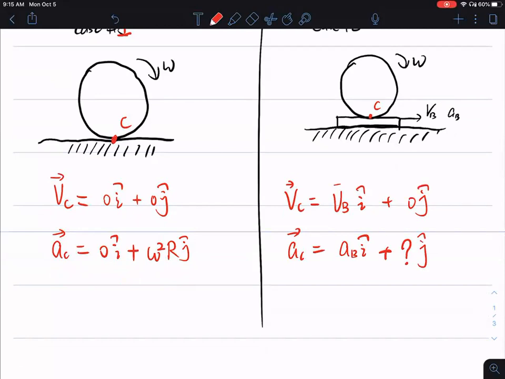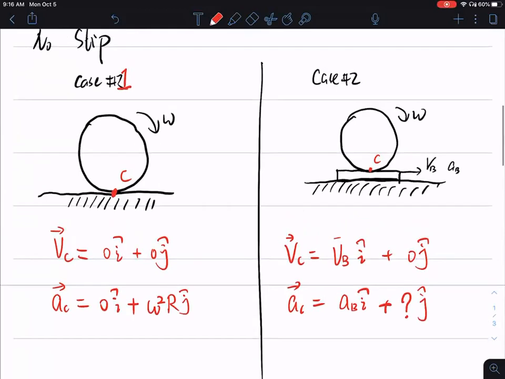That's something you may need to find out. You can solve it by listing a system of equations, but no one knows what that is. We only know that it equals AB, and only under the condition that you know what AB is, or the problem is given. If block B is moving at a constant speed, then that's 0. For the x velocity at point C, we know VB plus 0J.